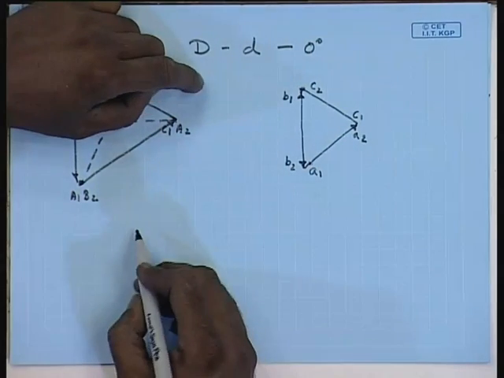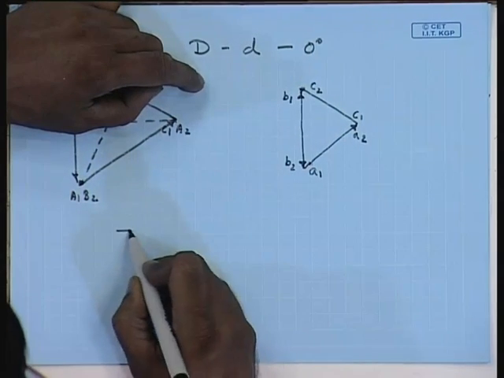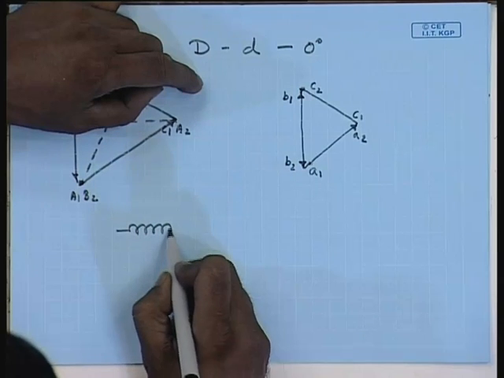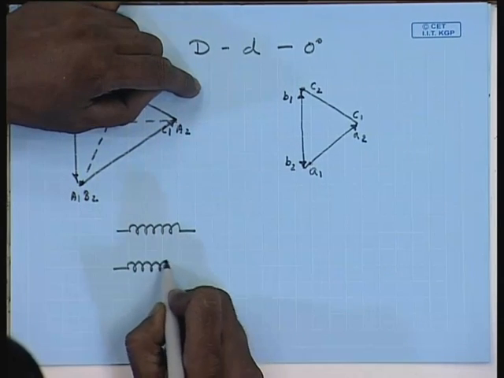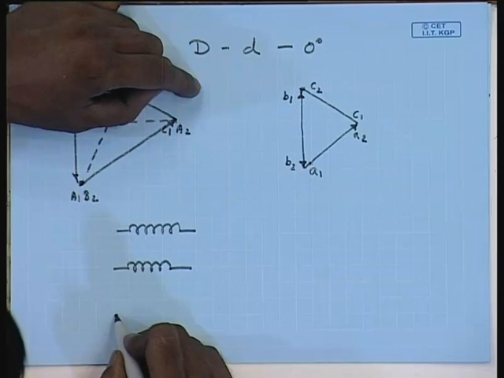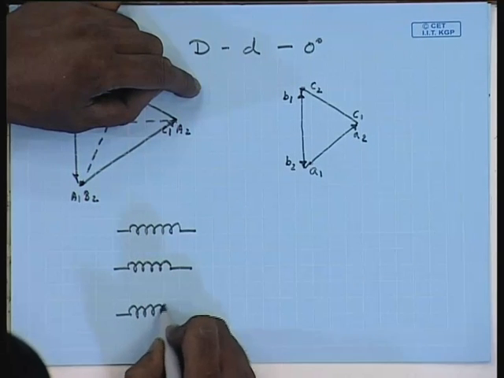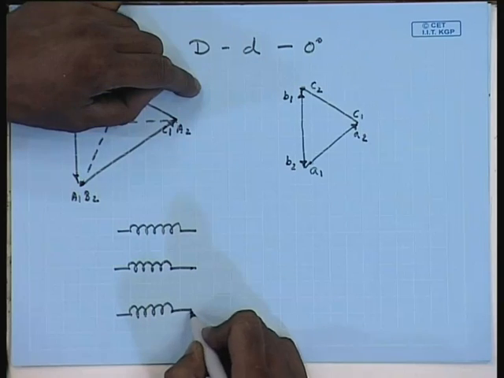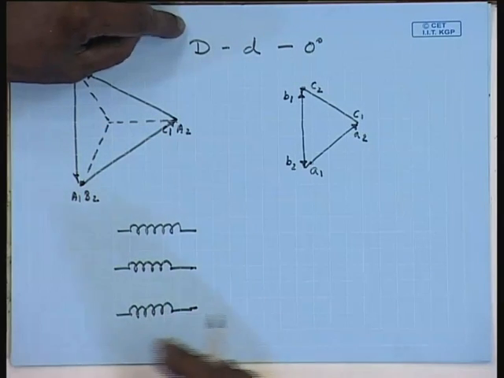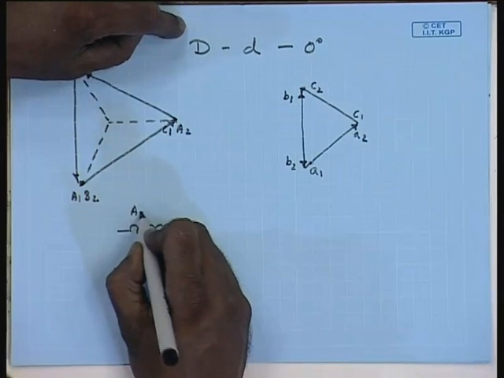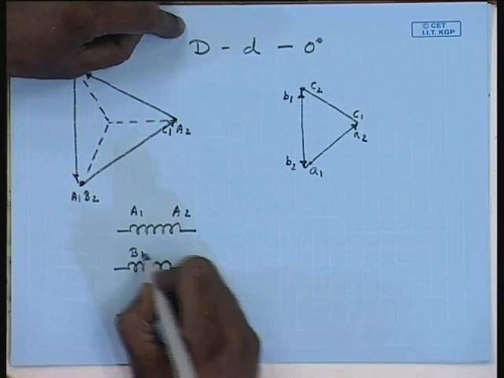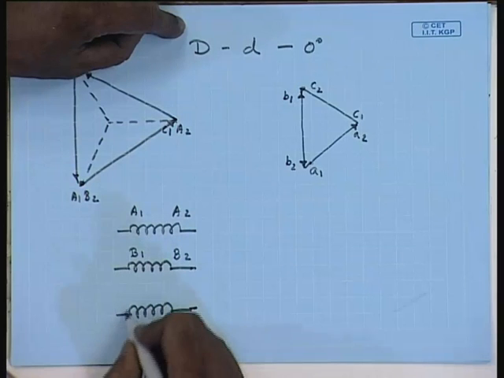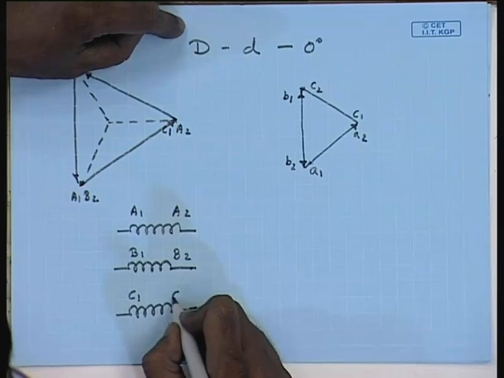Connection wise, it is simple. This is A1, A2, B1, B2, C1, C2.